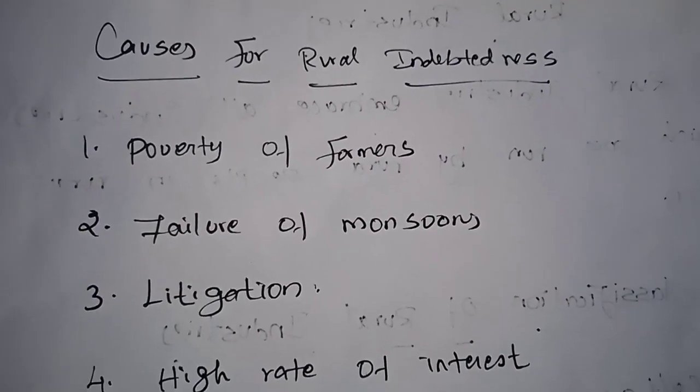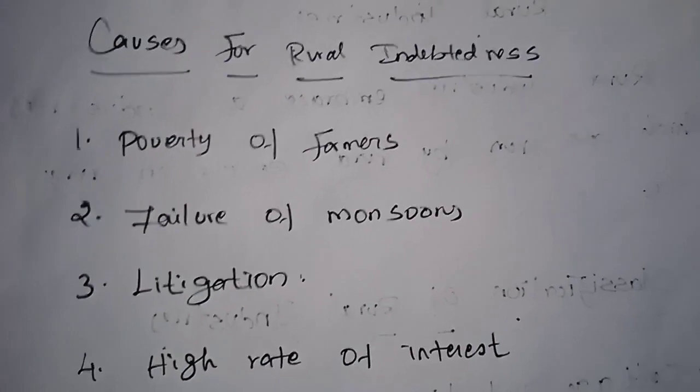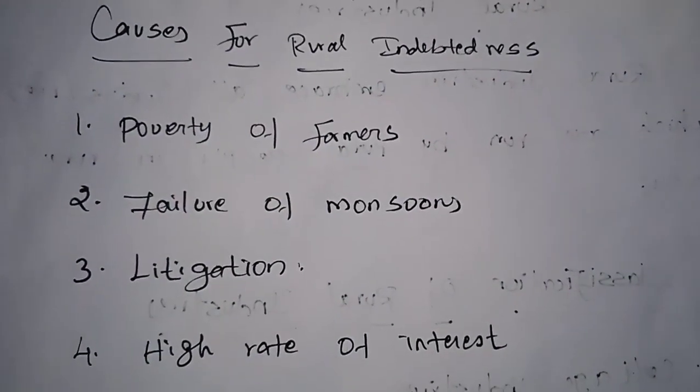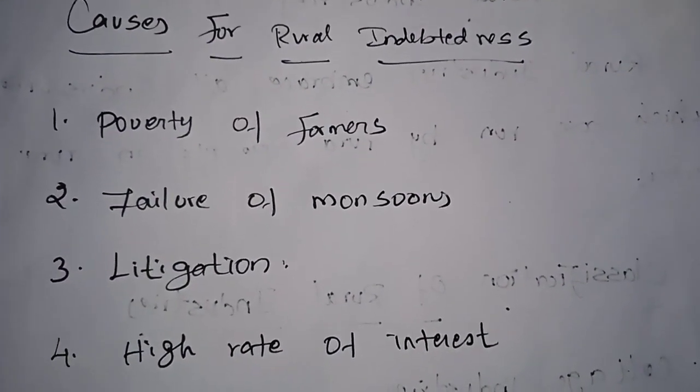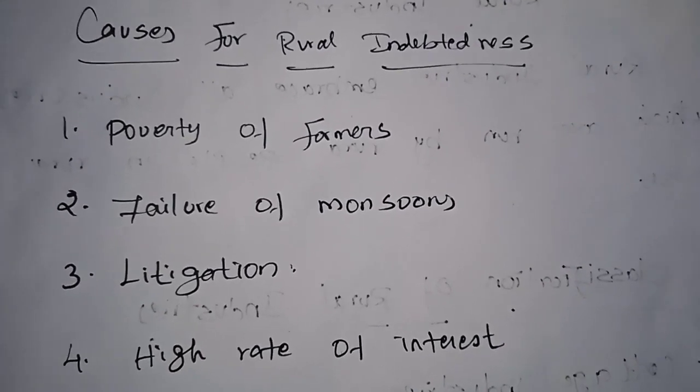Then next, the causes of rural indebtedness. What causes are there for indebtedness arising on the rural side? The first one is the poverty of farmers.